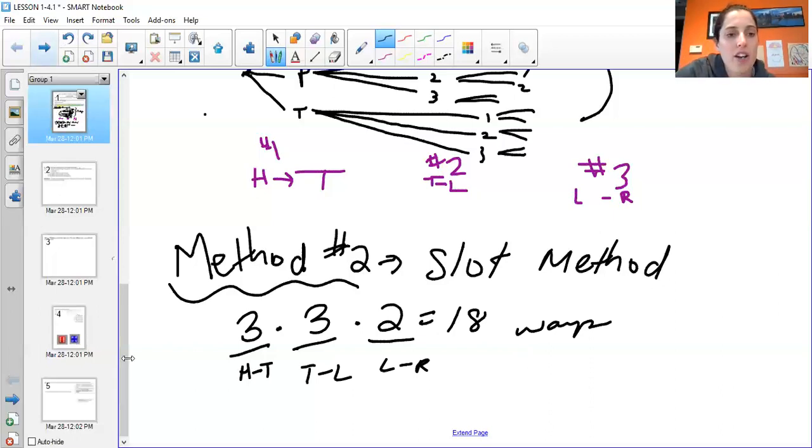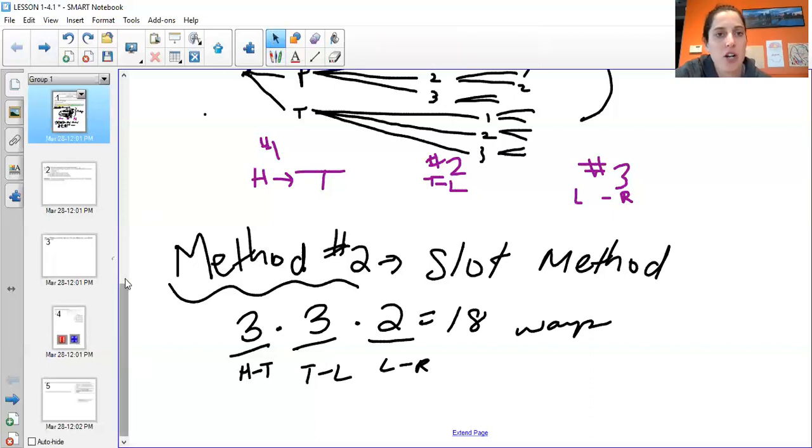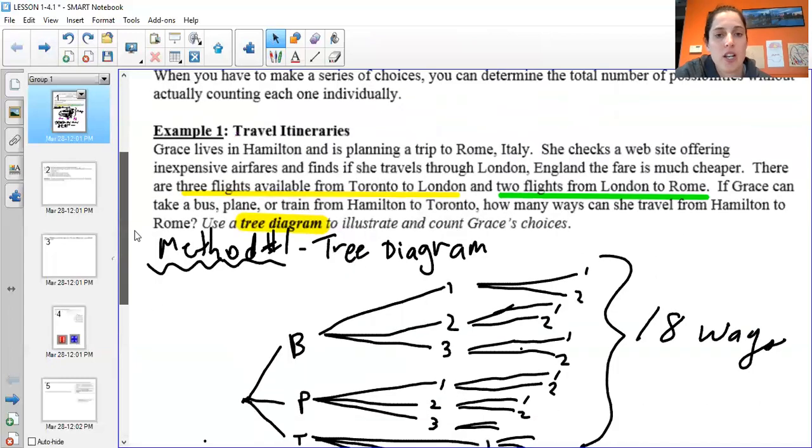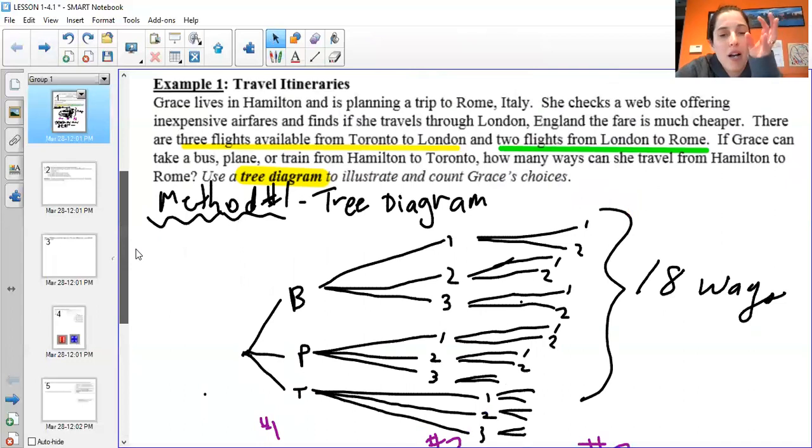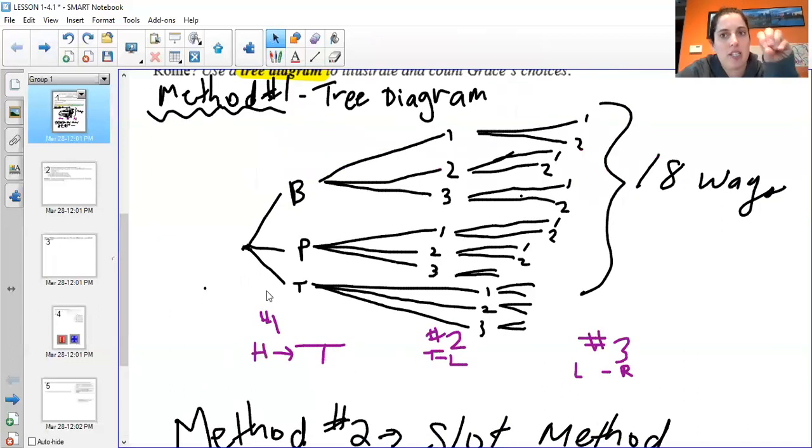So when you're asked to do a tree diagram, I think I have you do one tree diagram. In your homework as well, think about how many choices. There's a sandwich question in your homework about mustard and roast beef.